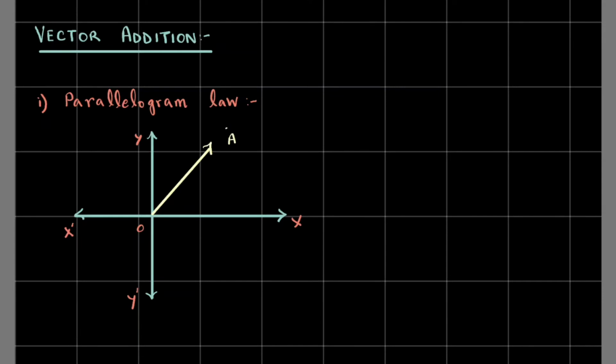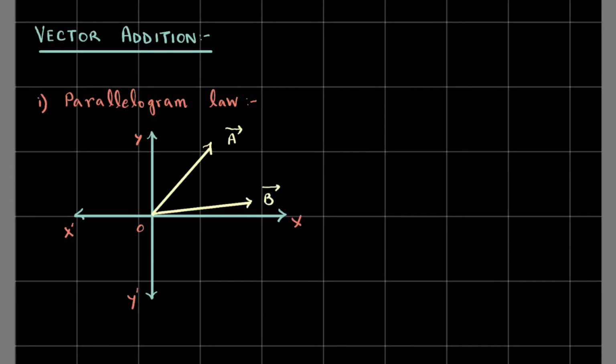And let us consider this the a vector. Okay, the a vector. And let us also say I have another vector which is directed also between north and east, but somewhat more towards the east side than the north side. And let me call this the b vector.